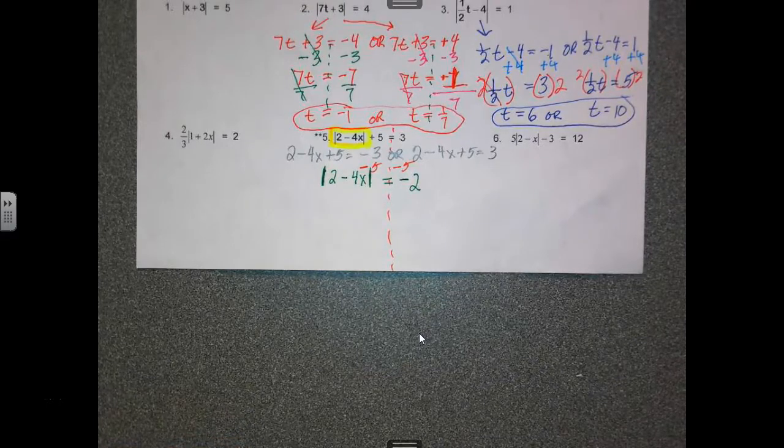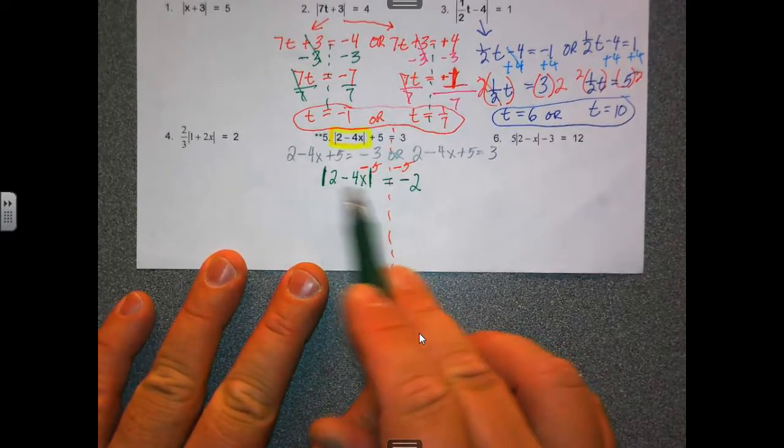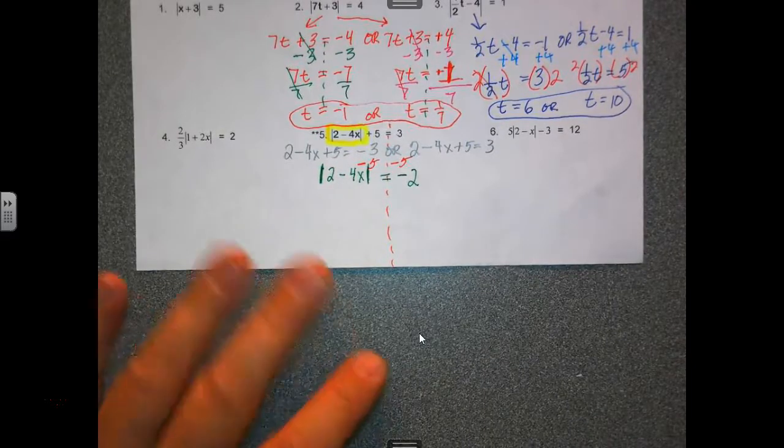Positive. Can this statement ever be true? Can whatever I put in for x, and then the absolute value of it, ever be negative? No. Before I do any of the work, what's going to be my answer? No solution.